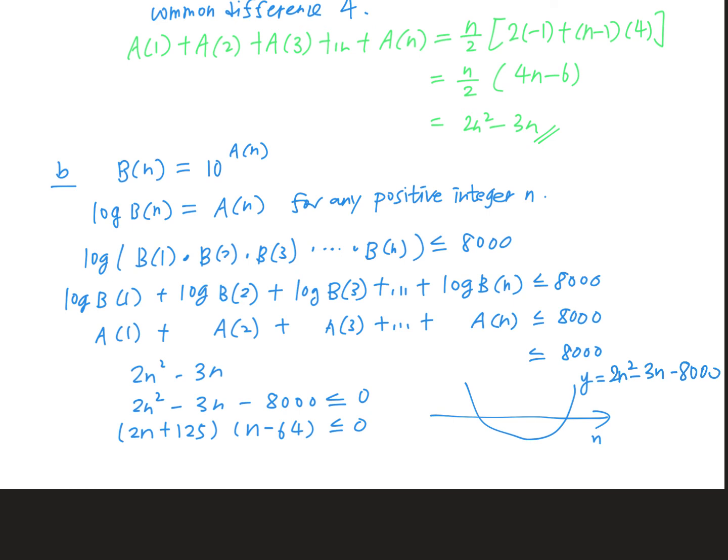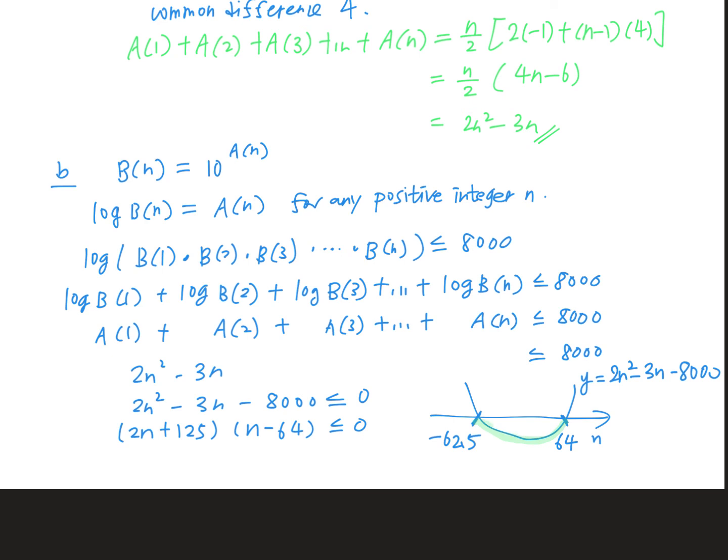And then the n-intercepts, as found by the calculator, would be negative 62.5, and then that is 64. Since the inequality wants to find the values of n such that the corresponding y values, the corresponding output values, are less than 0, that's why we want this part.